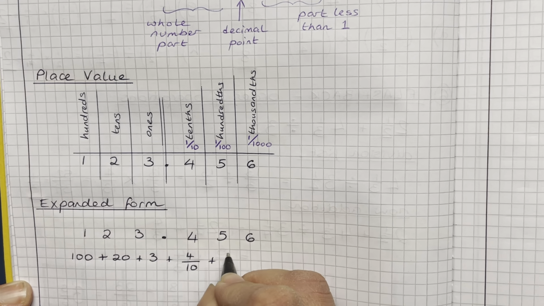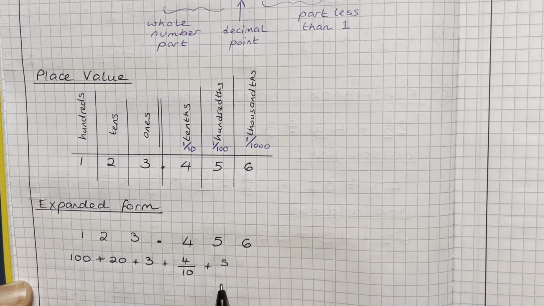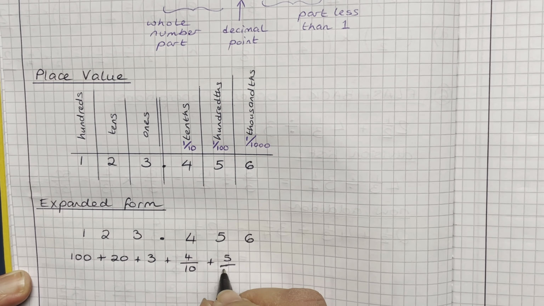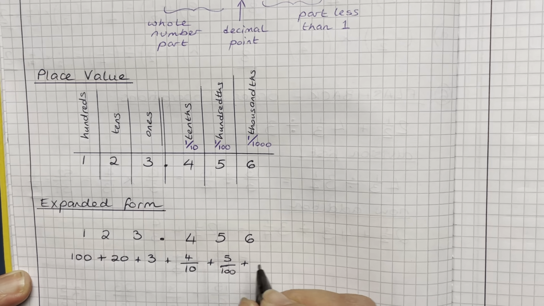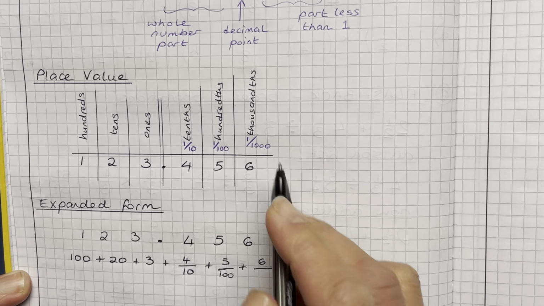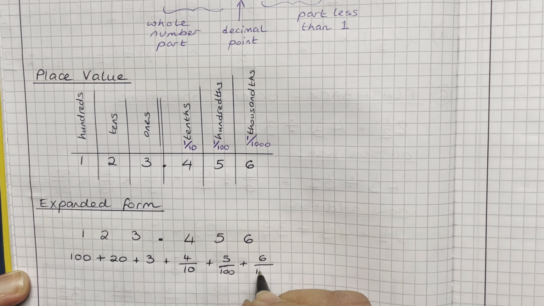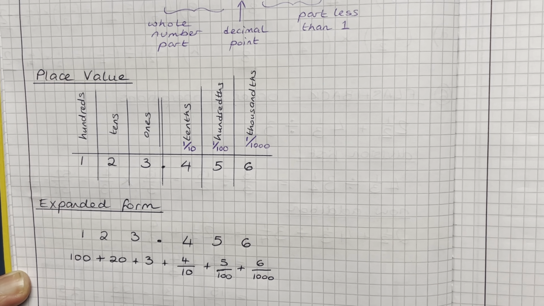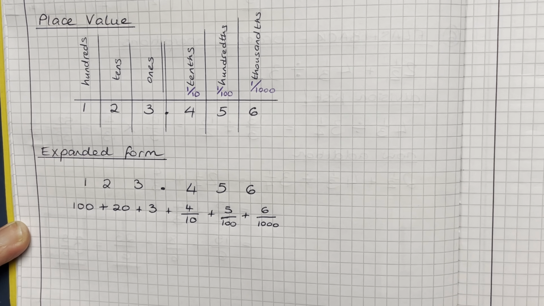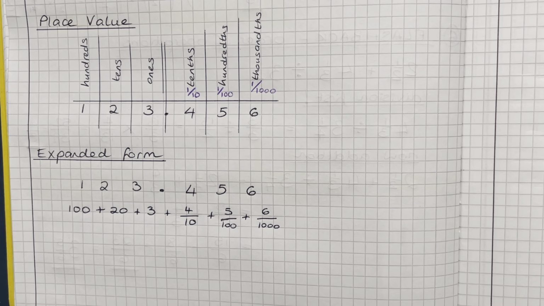I've got 5 in my hundredths column, so I'm adding 5 hundredths. Finally, I have the number 6 in my thousandths column, so I'm adding 6 thousandths. That's how we write it in expanded form.